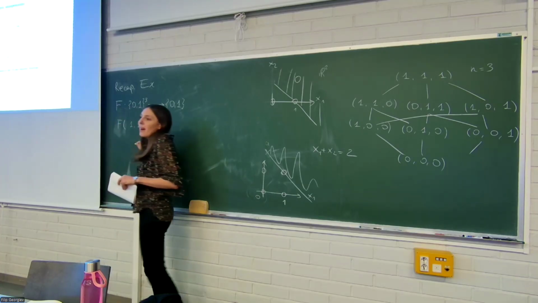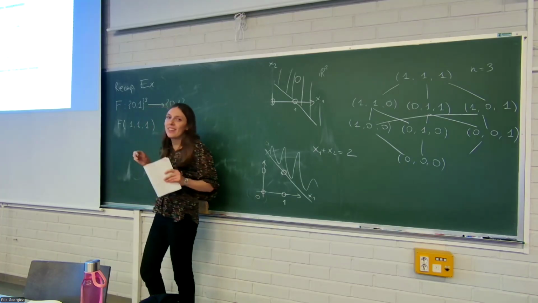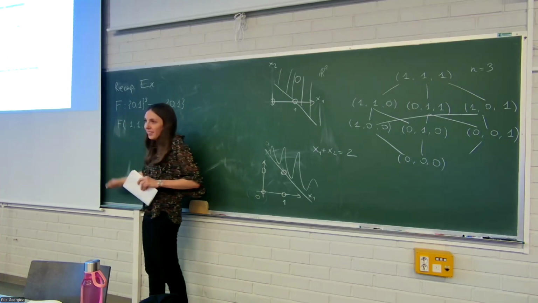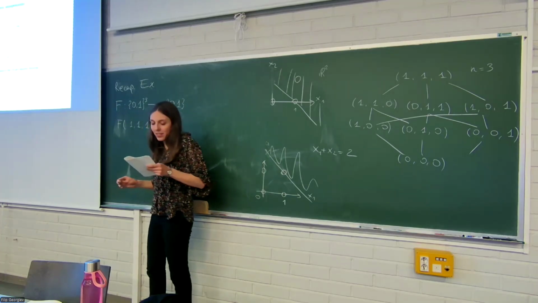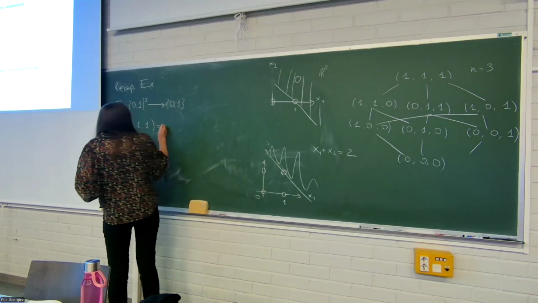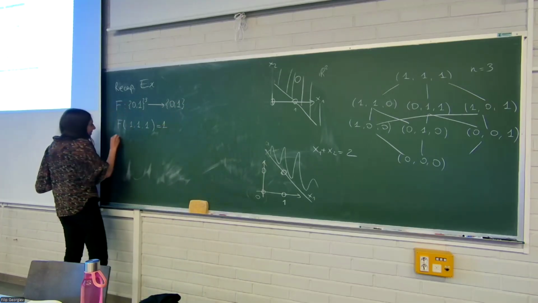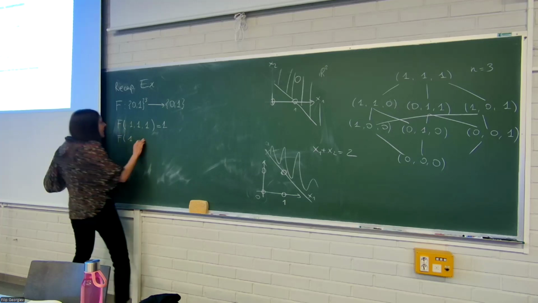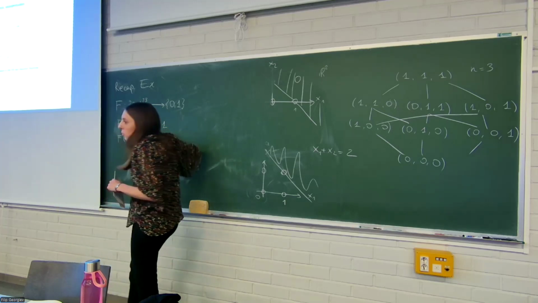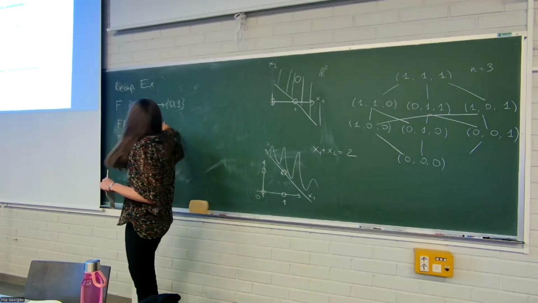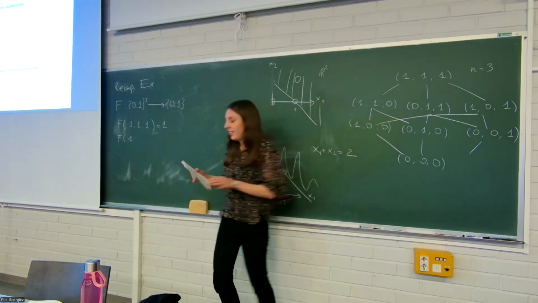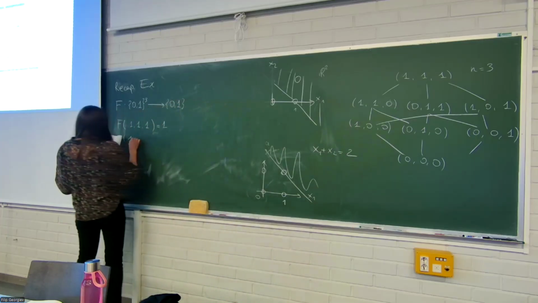I should put more parentheses in here if I were a very rigid mathematician, but I'm not. There are mathematicians in the room, please don't kill me. Probably it should be slightly better with more parentheses, but I don't care. So I tell which elements are sent to 1, and all the other elements of {0,1}^3 that I don't put here will be sent to 0. So let's do that.